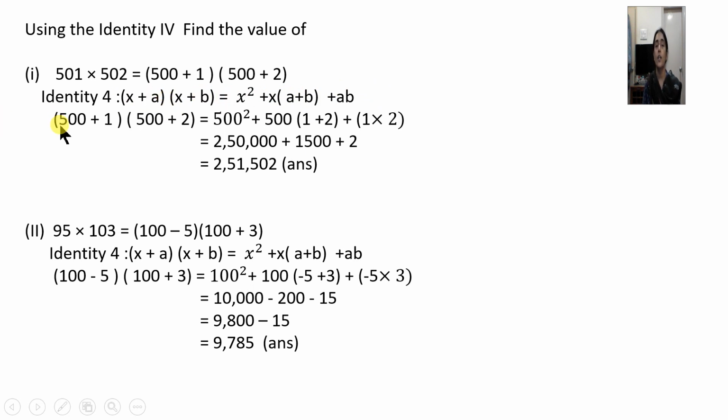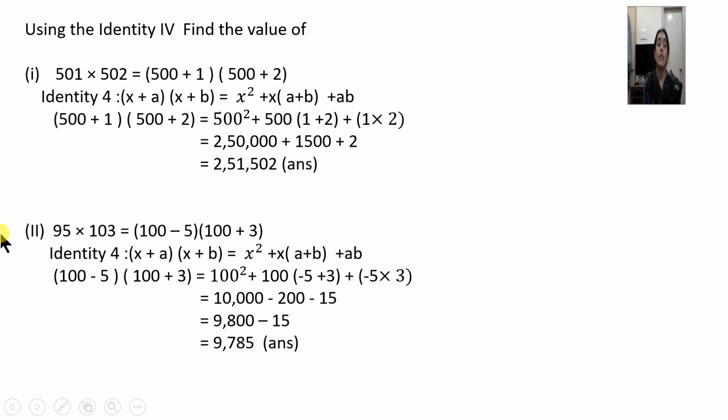So let's write down 500 plus 1 and 500 plus 2. 500 square plus 500 into 1 plus 2, a plus b, plus a into b, 1 into 2. So 500 square is 2,50,000 plus 500 into 3 is 1,500 plus 2. So the answer you get is 2,51,502. So this is your answer.